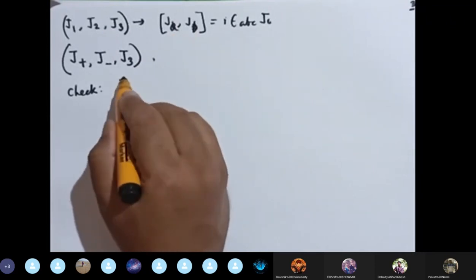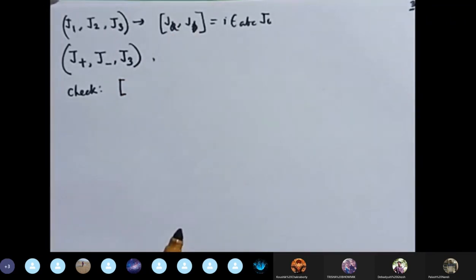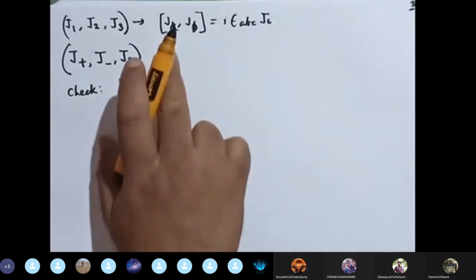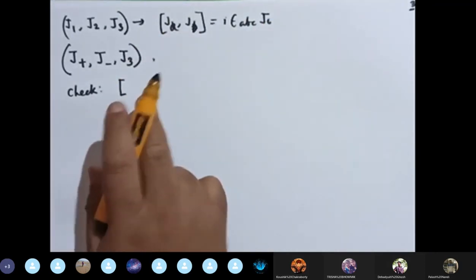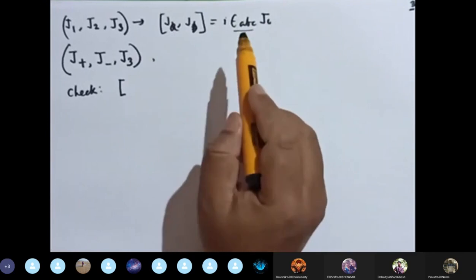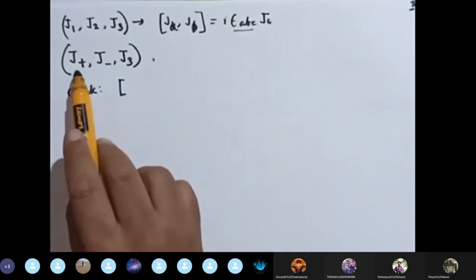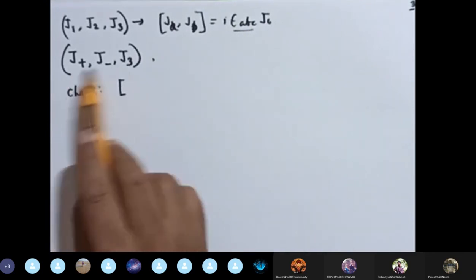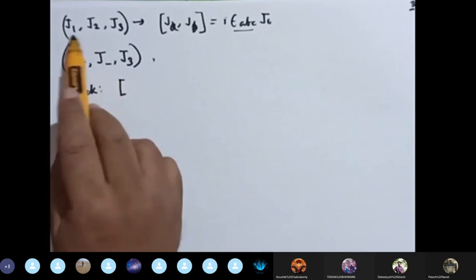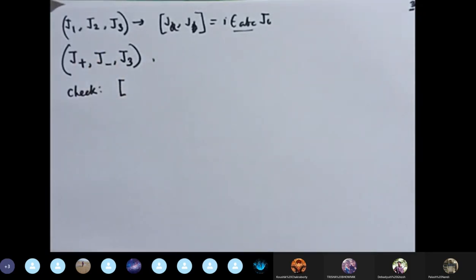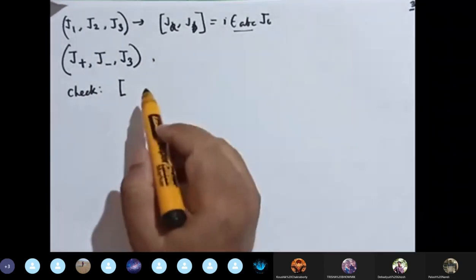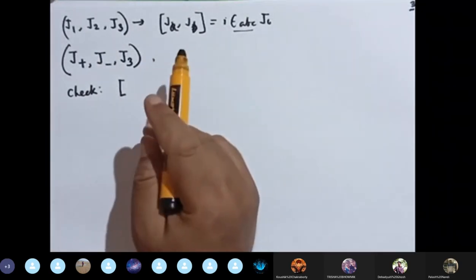Therefore, you can find out how this Lie algebra, with this structure constant, translates in terms of these three operators, which are nothing but linear combinations of this set. I will do this later for any general group, how you can take linear combinations of the generators and create a new set of generators. Okay.